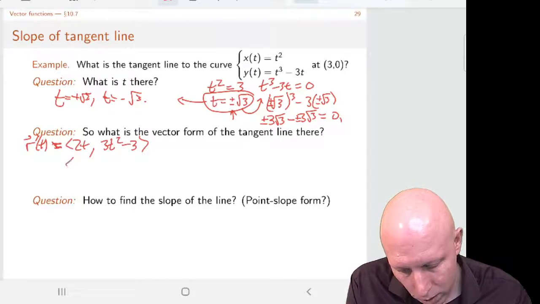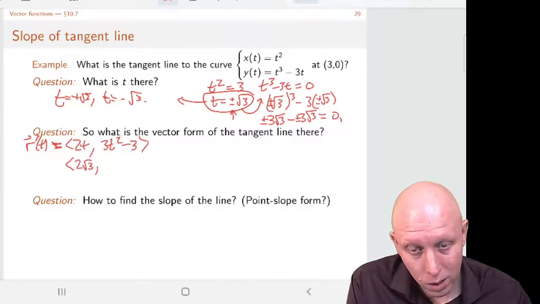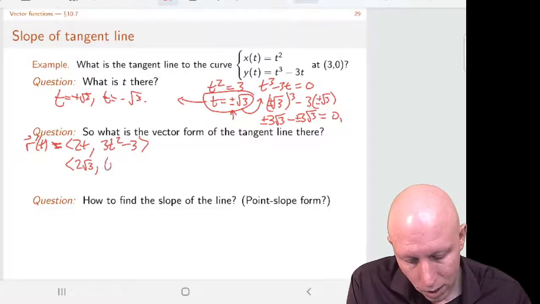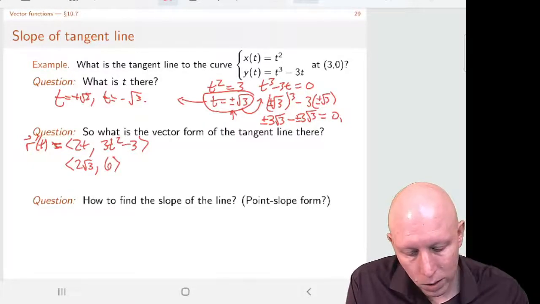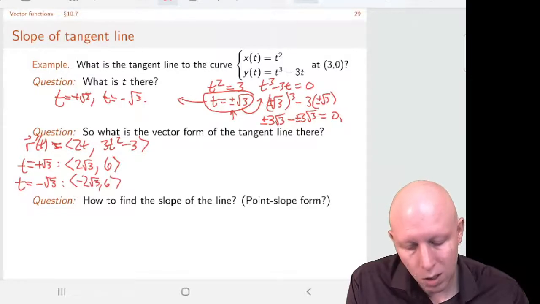So when we plug in root 3, we get (2 root 3, 3 times 3 minus 3), so root 3 squared is 3, times 3 is 9, minus 3 is 6. So when t is equal to plus root 3, we get this. When t is equal to minus root 3, we get (negative 2 root 3, 6). These are our two vectors.